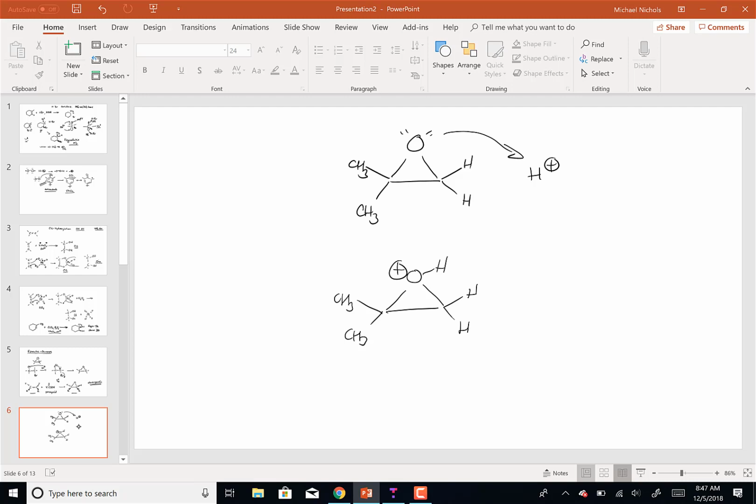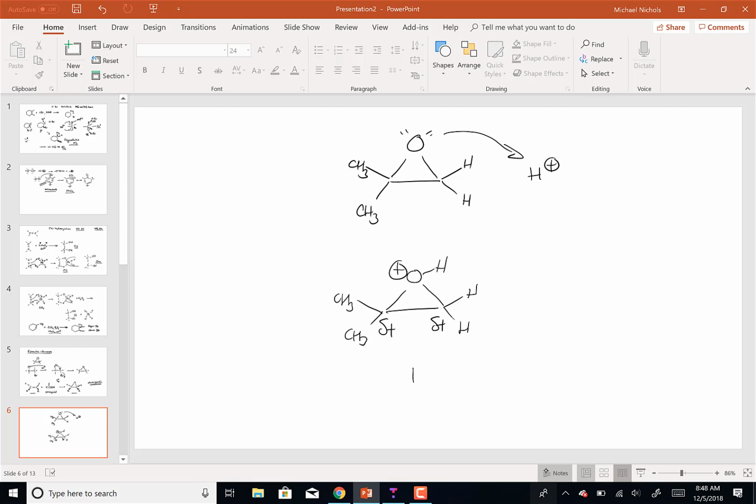And in those cases, what did they do when the oxygen doesn't like the positive charge? What does it do? It pushes it away. Where does it push it to? Pushes it to those two carbons. Because once I protonate the epoxide, I can open it up.